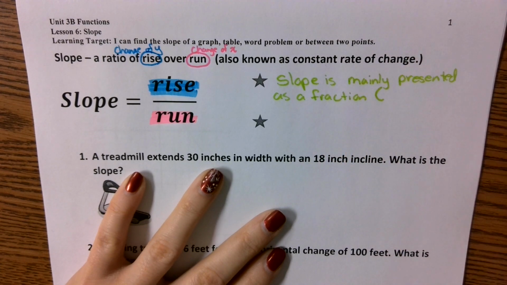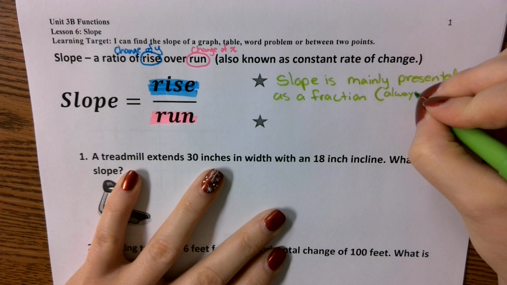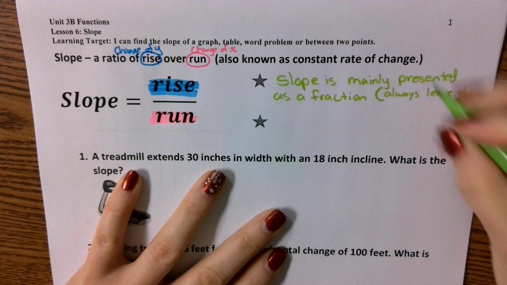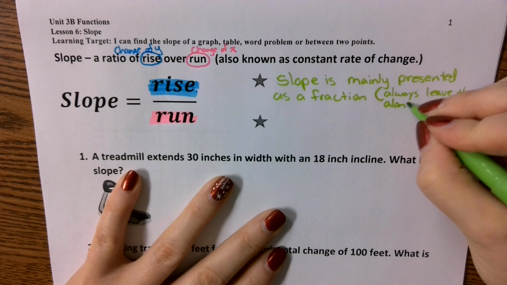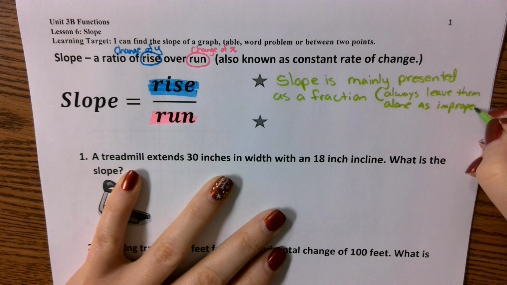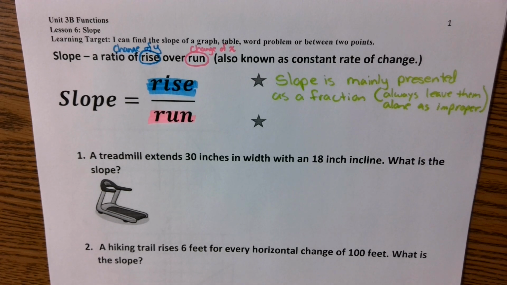And also, you will always leave them alone as improper. You will never convert them into a mixed number. If they are improper, you let them stay improper fractions.